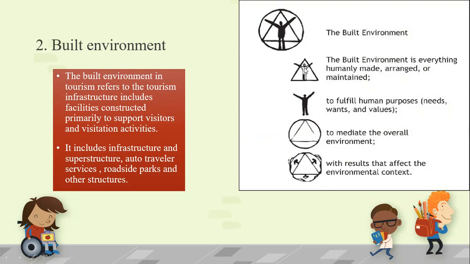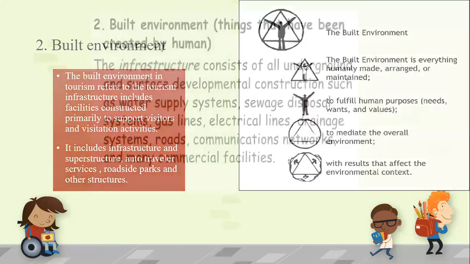So you can see this is human. This is the structure that humans have made, and this structure is actually affecting the environmental context. So we can summarize that every structure that is made by humans will be called built environment.